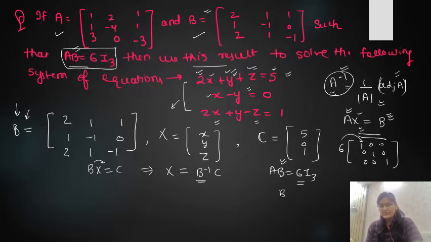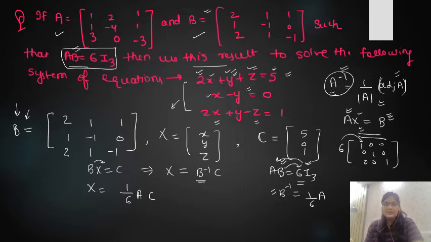B inverse will be 1 by 6th of A, right? Because I is basically, you can consider it as 1. So you will take B onto the right hand side to make it B inverse, and 6 onto the left hand side, so 1 by 6th A. So you can mark here that your X is B inverse C, which is 1 by 6th of AC.